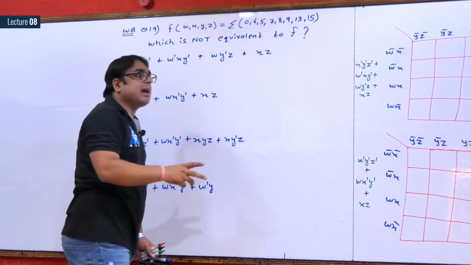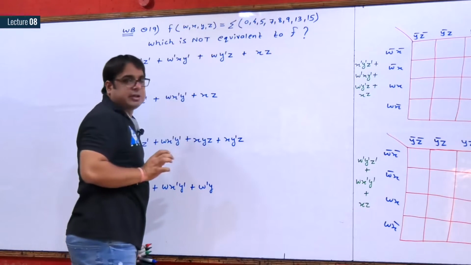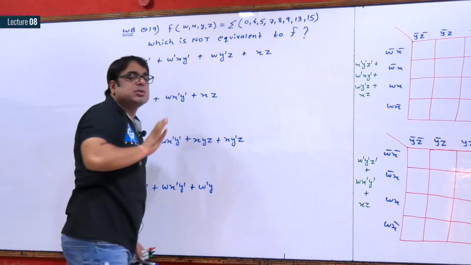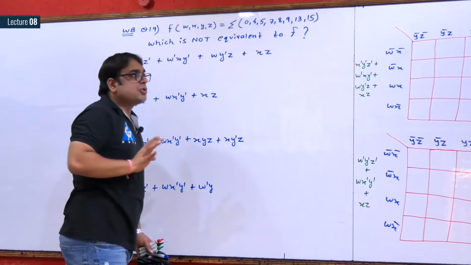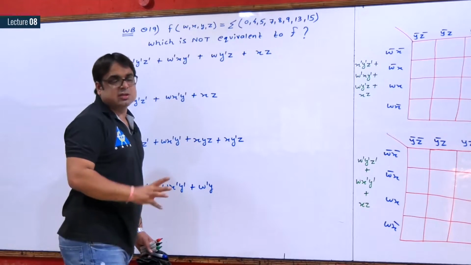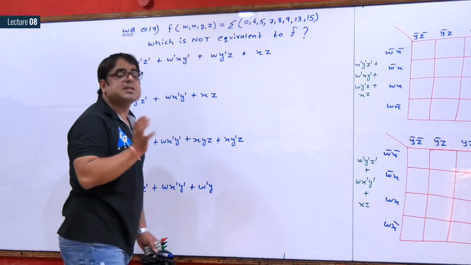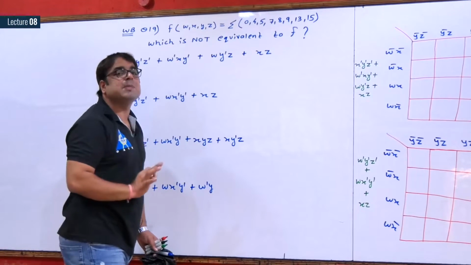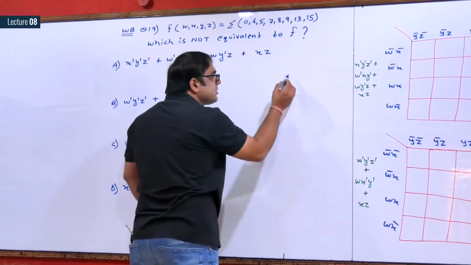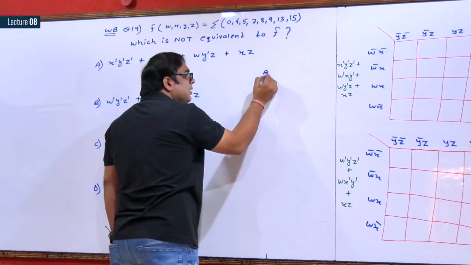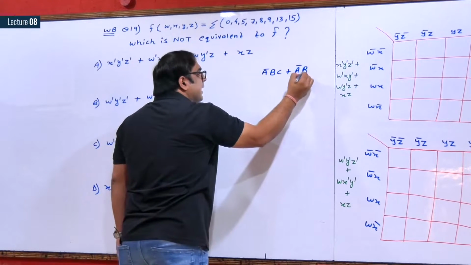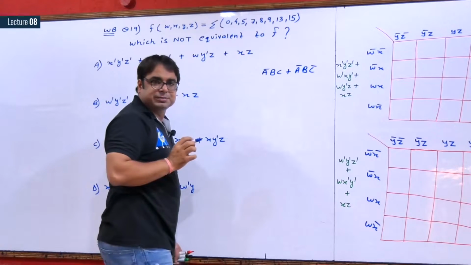So using a K-map and trying to minimize this function is not practical. The best way to solve these types of questions is min terms matching. I will show you what exactly I mean by min terms matching. For example, say you have the expression a complement bc plus a complement b c complement.